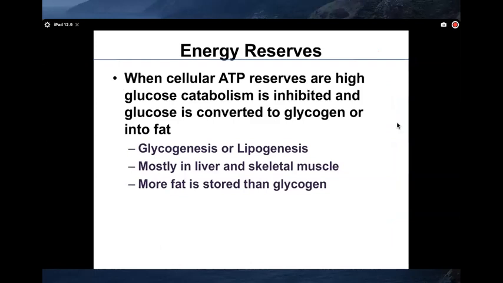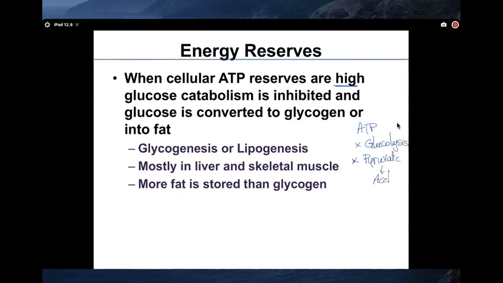Moving on to the energy reserves. When cellular ATP reserves are high, the glucose catabolism is going to be inhibited. So if I have a lot of ATP, you're going to be inhibiting glycolysis. You're going to be inhibiting the transformation of the pyruvate into acetyl-CoA.